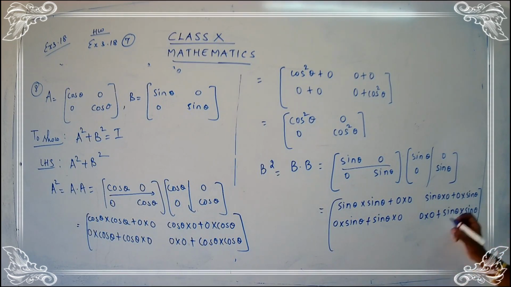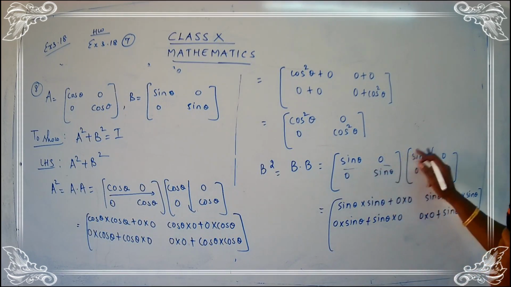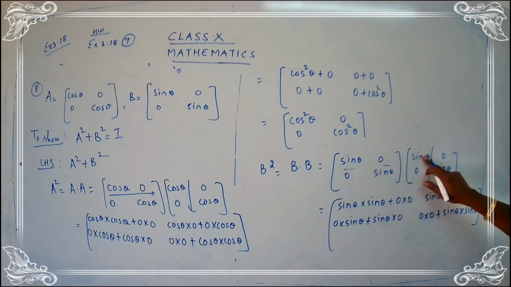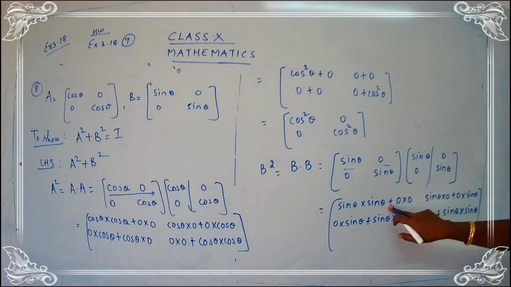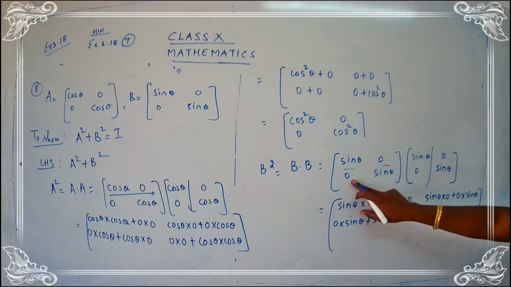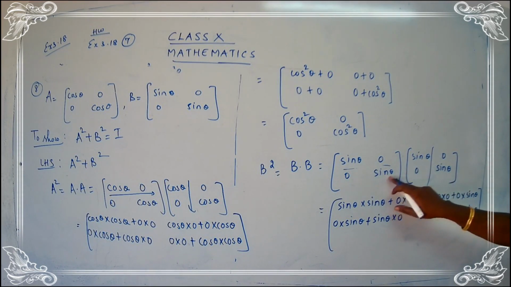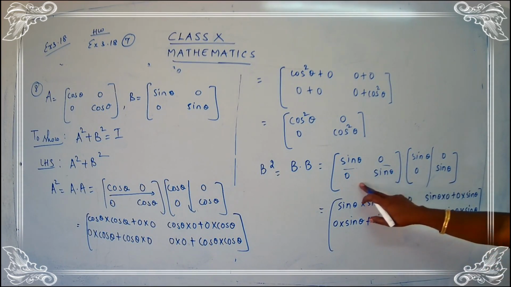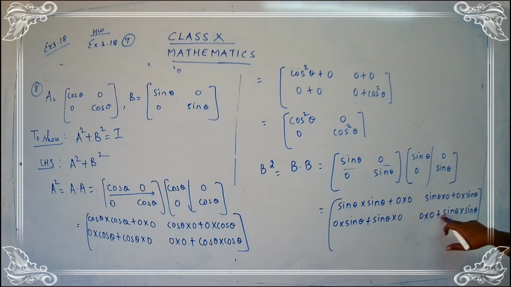Very simple calculations, children. So first row, first column, sin theta into sin theta, 0 into 0. Main sign is plus. Sin theta into 0, 0 into sin theta. 0 into sin theta, sin theta into 0. 0 into 0 plus sin theta into sin theta.